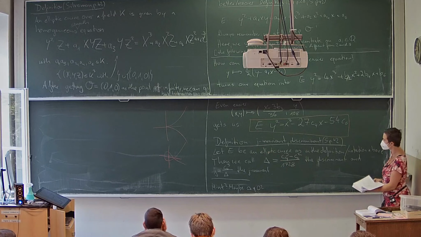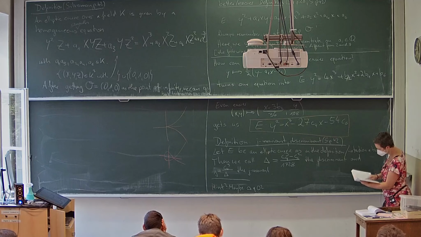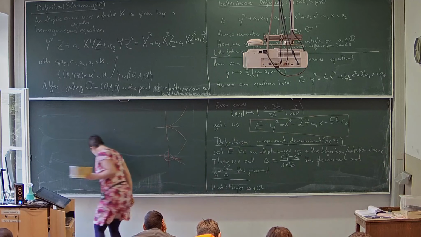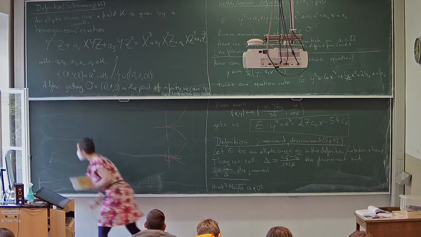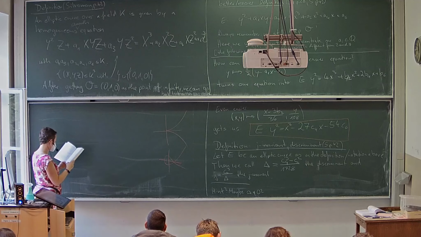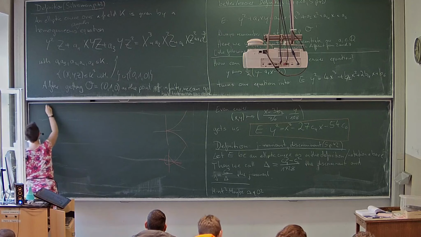So why is the J invariant called J invariant? We will get to the first actual proposition, and I think that will be an exercise also.